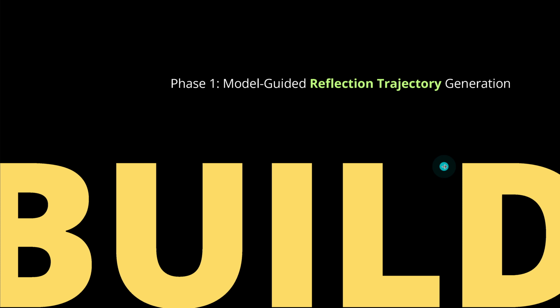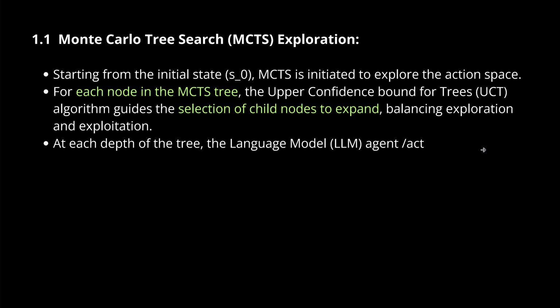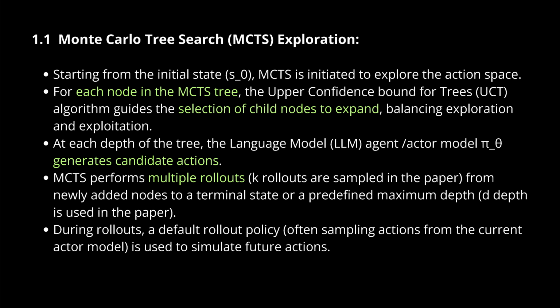Okay, so I think we're ready now. Yeah, let's do this. Phase 1, let's build this. Now, next step. We have the Monte Carlo Tree Search exploration phase. Starting from an initial state, the Monte Carlo Tree Search is initiated to explore the complete action space for our agent.